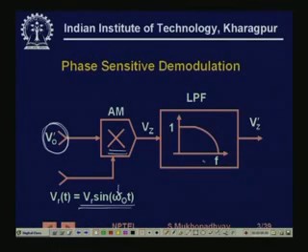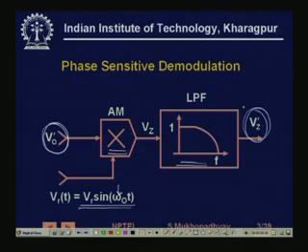This is a multiplier like I did, and then we are low pass filtering it. If we low pass filter it, we get a signal proportional to the original motion signal. This is conceptually the simplest way of doing phase sensitive demodulation.